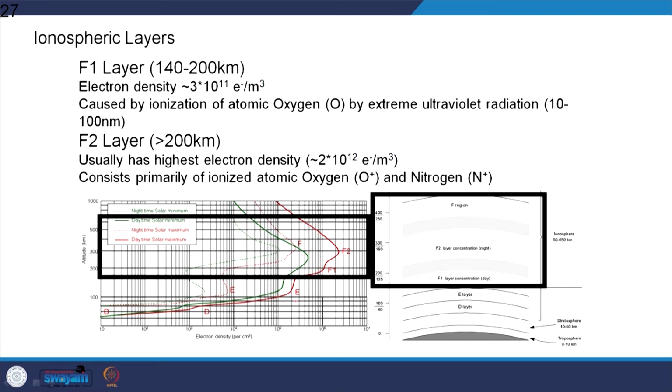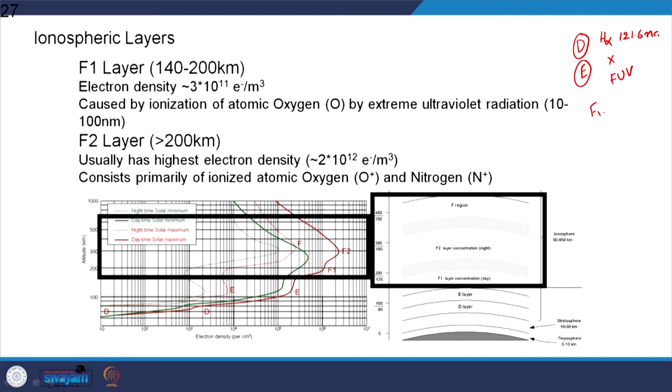Now if you consider the solar spectrum, different parts of the solar spectrum ionize the atmosphere at different altitudes. Just to remember, it was the hydrogen Lyman alpha at 121.6 nanometers which causes ionization in the D layer, and in the E layer it was the X-rays and far ultraviolet.